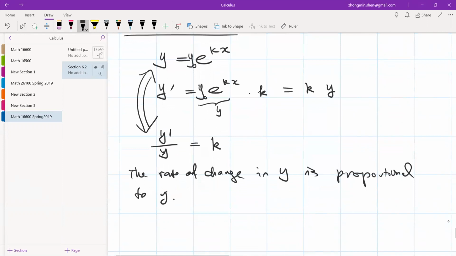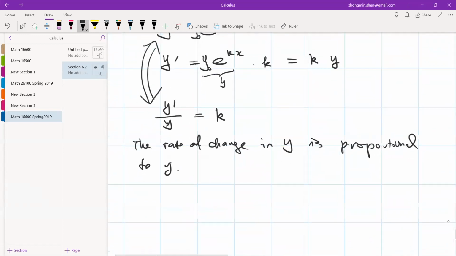If the rate of change in some quantity is proportional to the quantity, then that quantity must be expressed as this exponential function, yeah. The converse, if some quantity is expressed by an exponential function, then you must have y prime equals k times y.